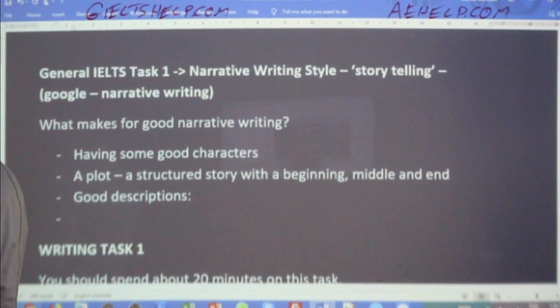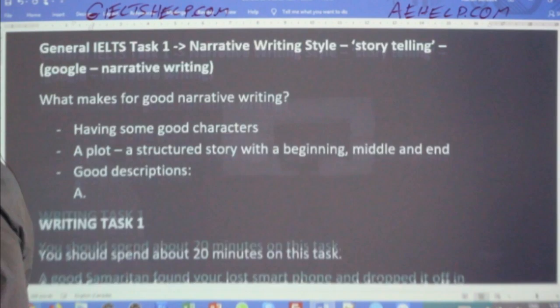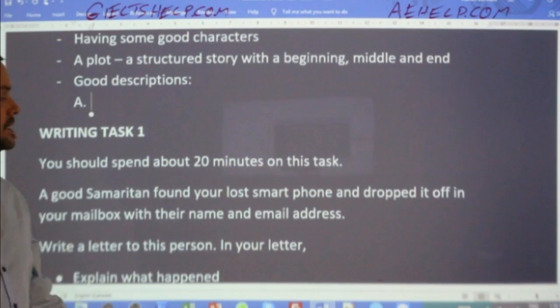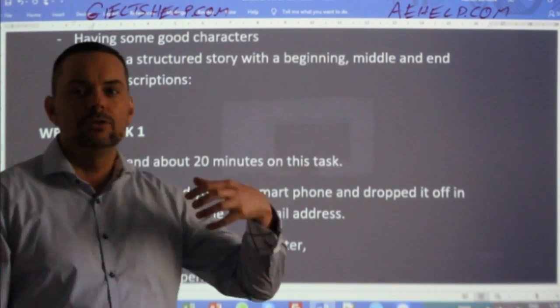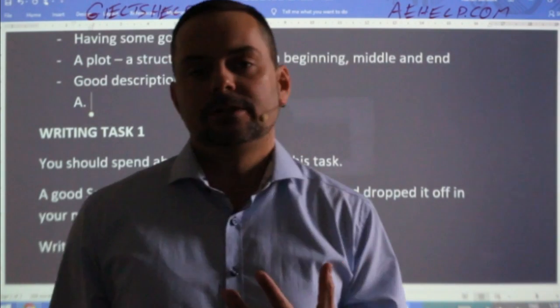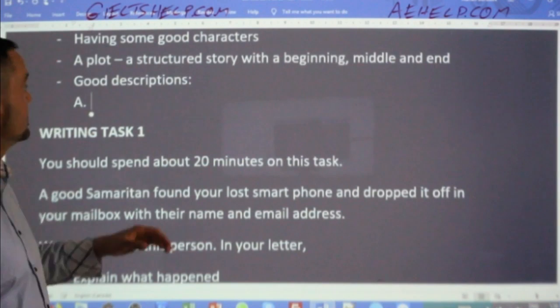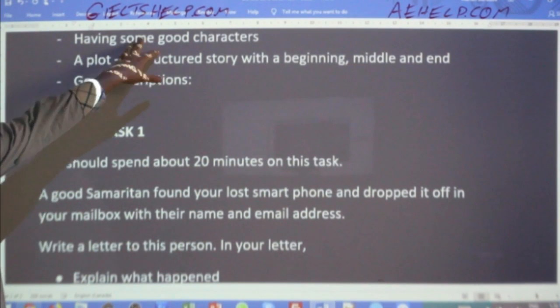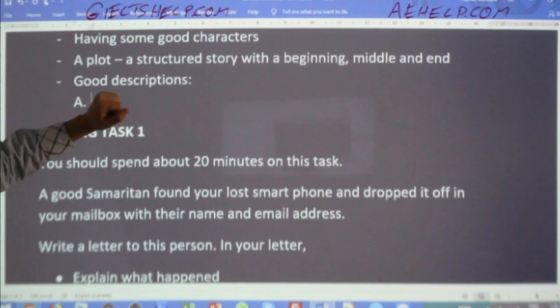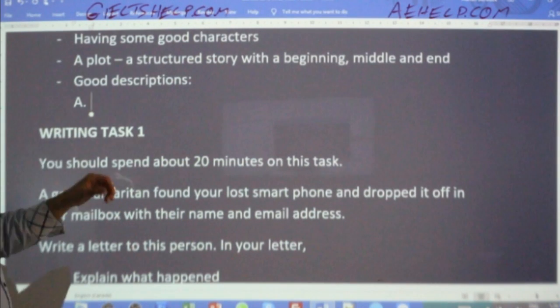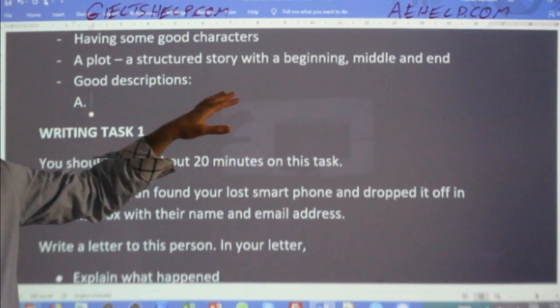So Patricio says good descriptions. Okay, let's take that one a little bit further. So what does it mean, good descriptions? How do you create good descriptions? Okay, so these are some fantastic answers. So you need some characters, you need a plot, and then you need good descriptions.